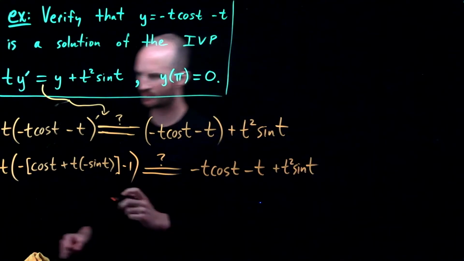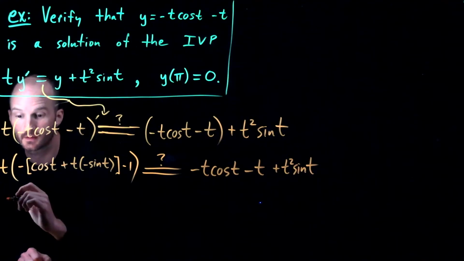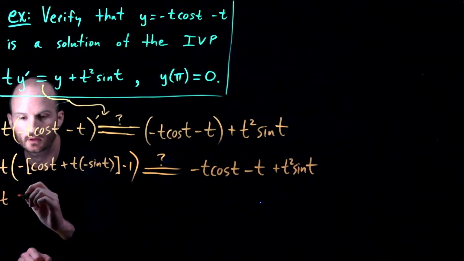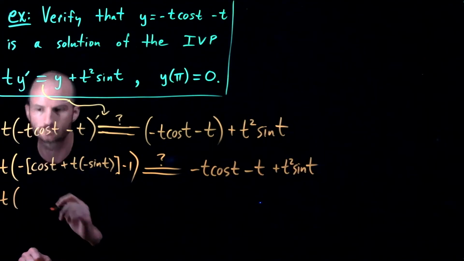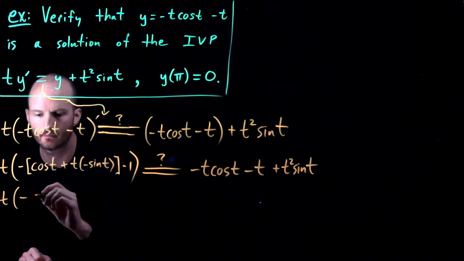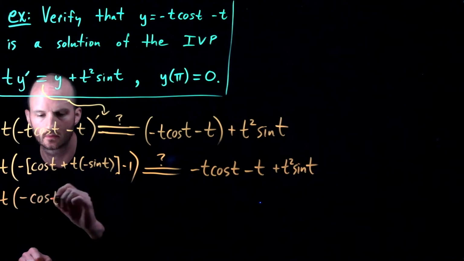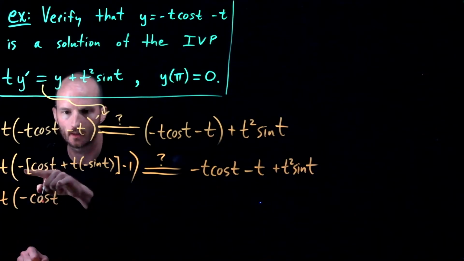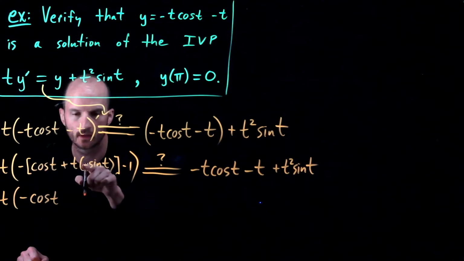Now this is a giant mess over here, so I'll just do it slowly and carefully. What do I get? I get minus cos t. Oh dear, minus.